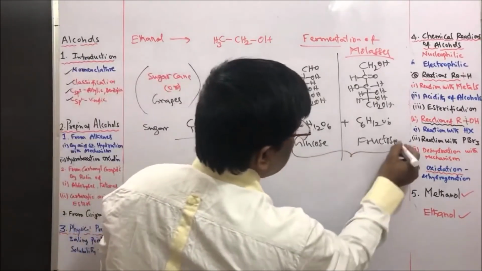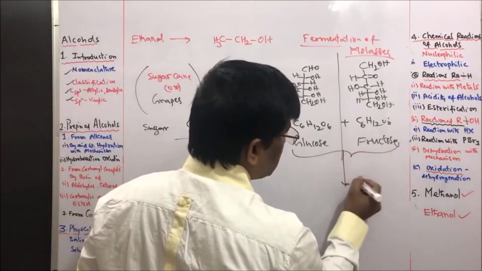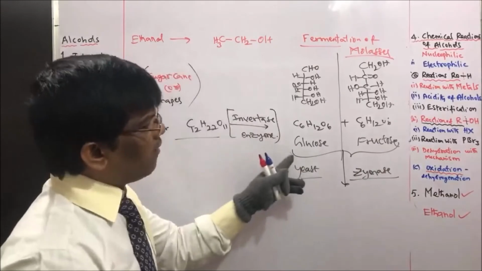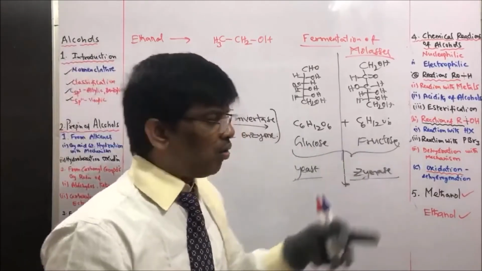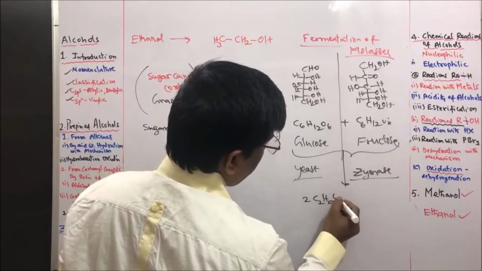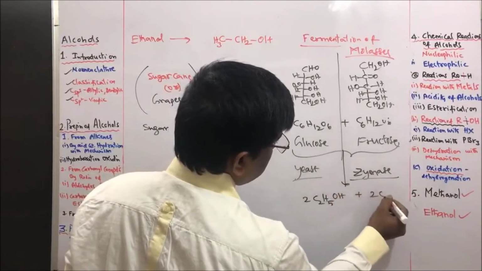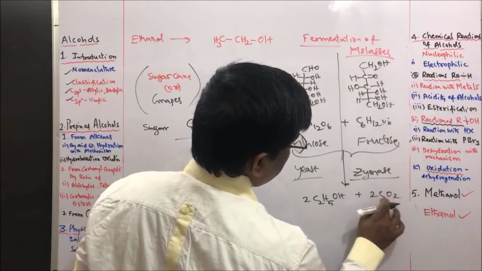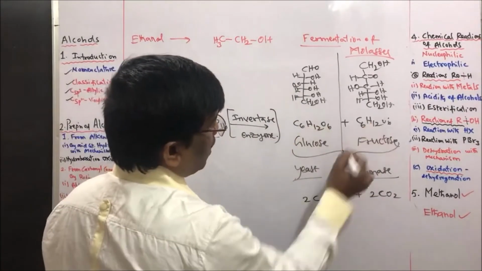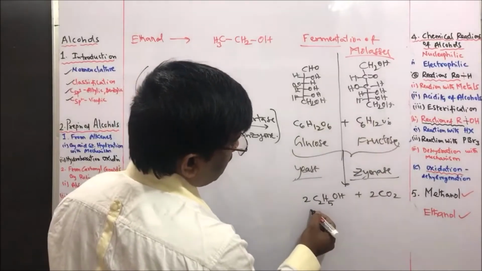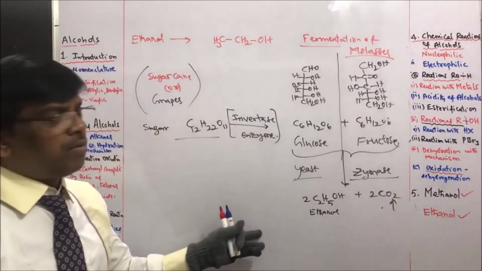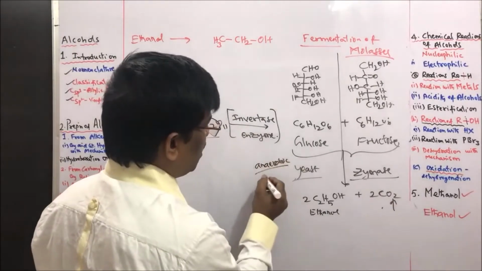This mixture, upon treatment with zymase, the enzyme from yeast, converts glucose as well as fructose into 2C2H5OH plus 2CO2, right? So each glucose or fructose is going to be converted into ethanol, and carbon dioxide goes out. And this reaction must be done in anaerobic condition.